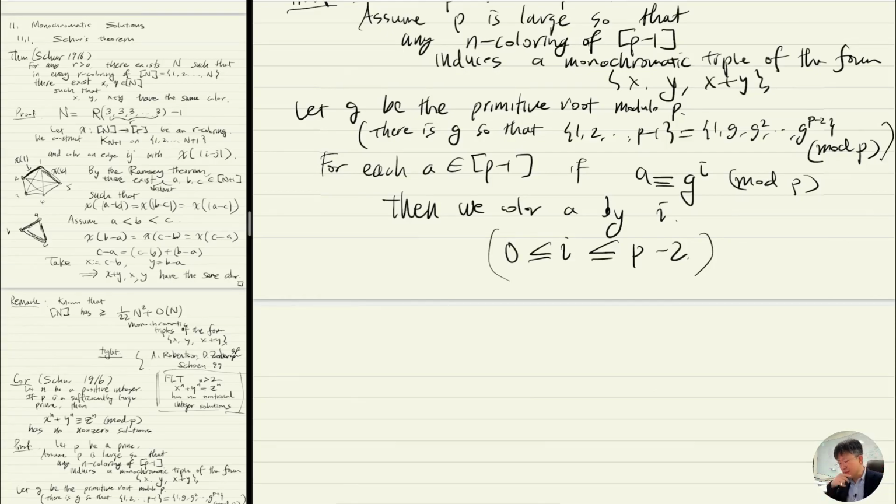Now the thing is that the number of colorings is p minus 1, which is not good. Let me do it this way. We color a not by i, since p minus 1 is too big, but by i modulo n.